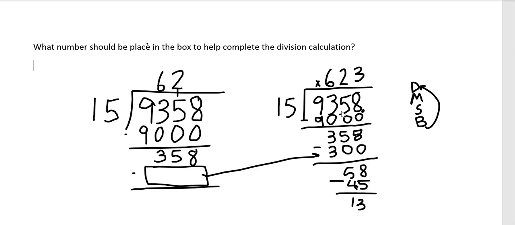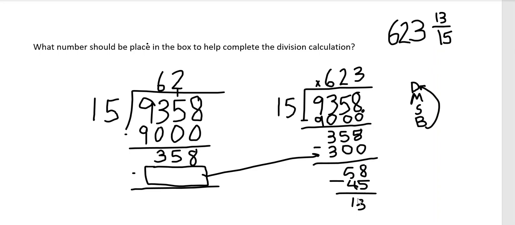So moving forward, you'll express these answers as either a decimal or a fraction. If we were going to use a mixed number, we could stop now. We know the mixed number is 623, and we always put the remainder over the divisor. So 13 over 15. That would be a mixed number.